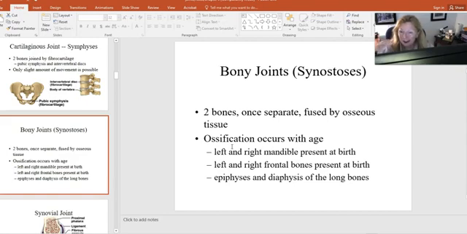This happens at a very particular age, a normal kind of aging process. This is how, when we find bones of someone who is deceased, we can kind of judge when they died, by what kind of ossification process had already happened in these bones that we know end up ossifying by certain ages. So once the bones fuse, then obviously there would be absolutely no movement at that particular site.